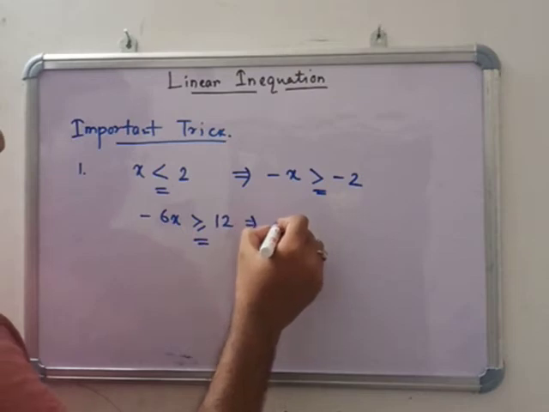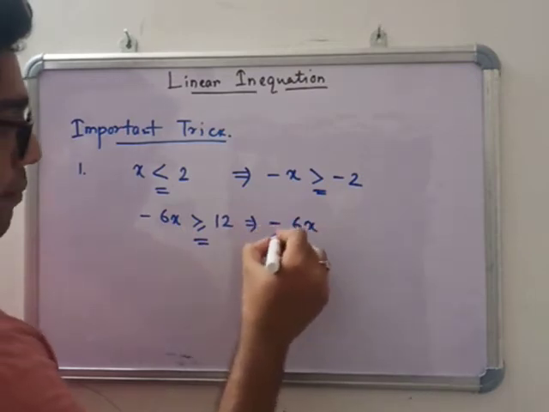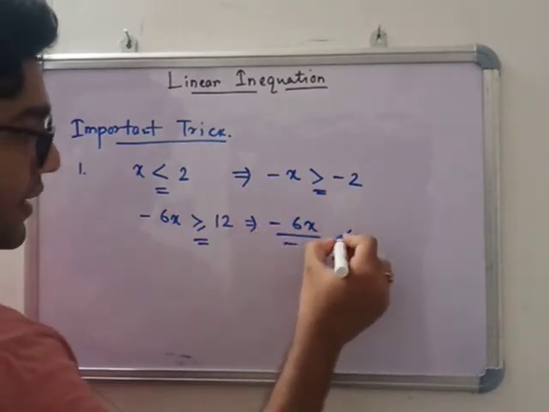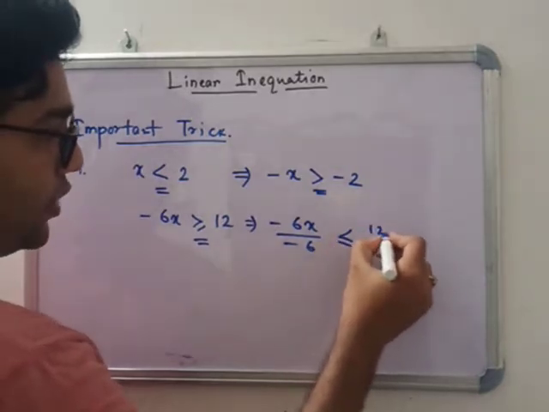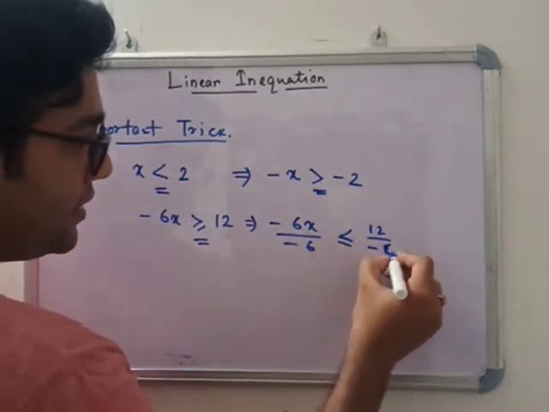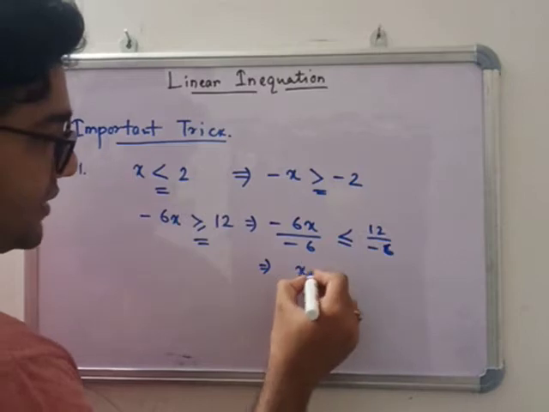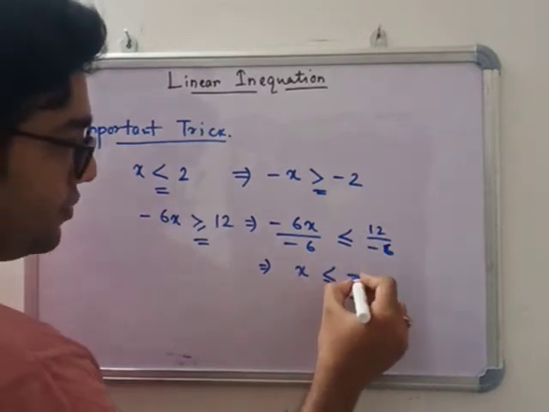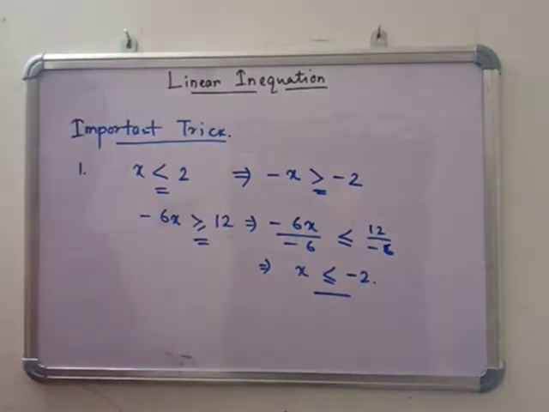So minus 6x by minus 6, 12 by minus 6. That means x is less than or equal to minus 2. So this is the trick for finding the solution set.